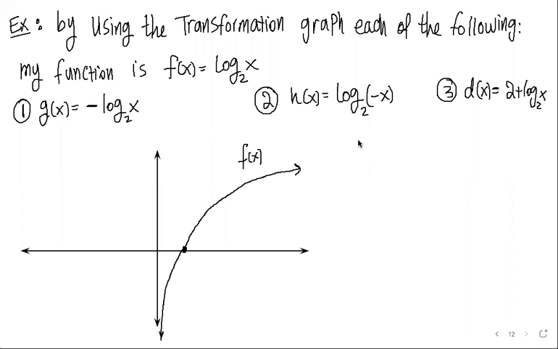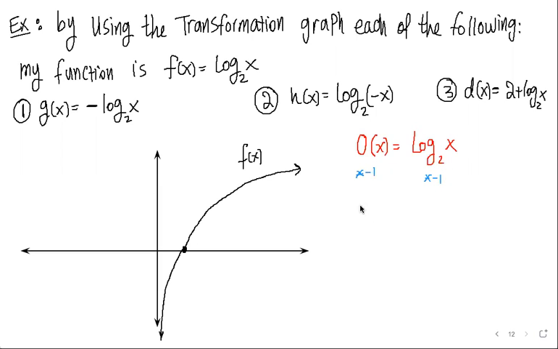If I want to write it like the steps before, my original function is logarithm x to the base 2. And we have a minus, so I multiply both sides by minus 1.